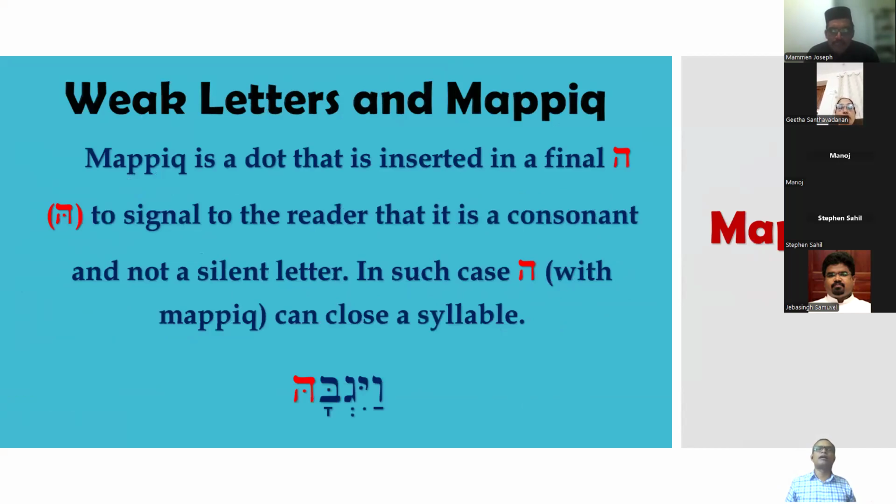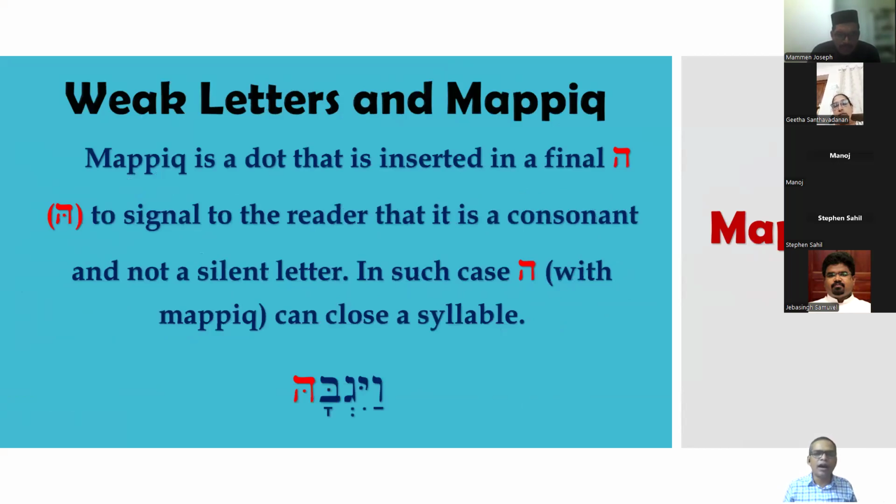If mapik is not there, I will not pronounce he, so I will pronounce it as Vayik ba. But since mapik is there inside he, I am pronouncing it as Vayik, Vayik ba.